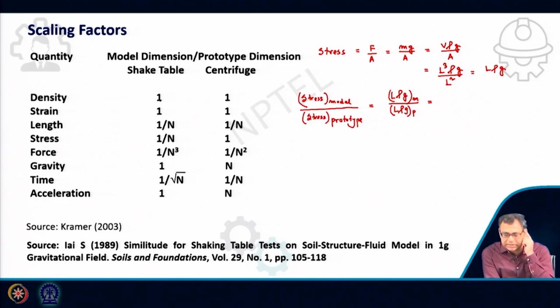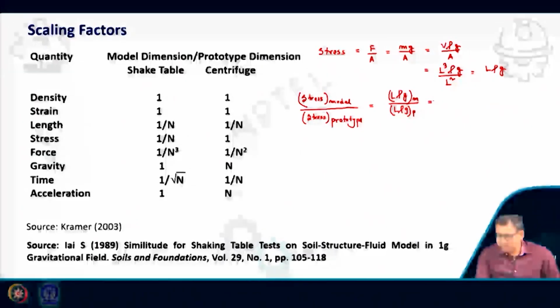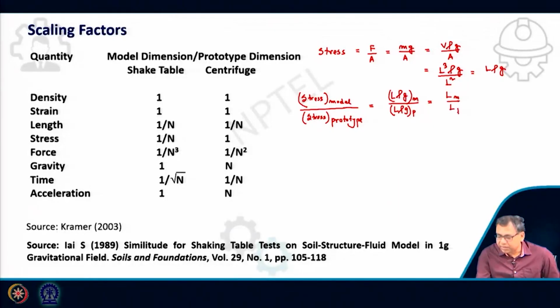We have considered the density is the same for prototype and model, so this rho will cancel. Now for the shake table, the model acceleration and the prototype acceleration are the same. In case of centrifuge, the model acceleration is n times more than g, but in the shake table it is 1. So the rho g will cancel, and it will be only L model by L prototype.